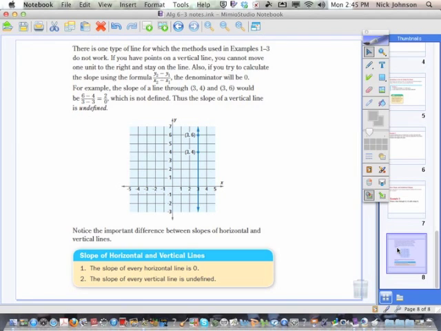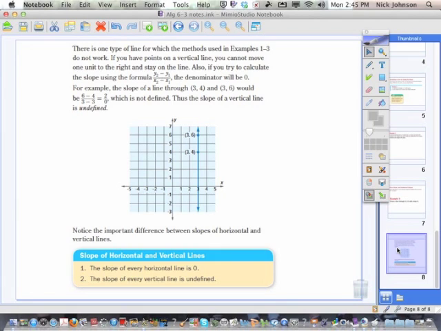There is another type of a line for which the methods used in examples 1-3 does not work. If you have points on a vertical line, you cannot move 1 unit to the right and stay on the line. Also, if you try to calculate the slope using the formula y2 minus y1 all over x2 minus x1, the denominator will be 0.